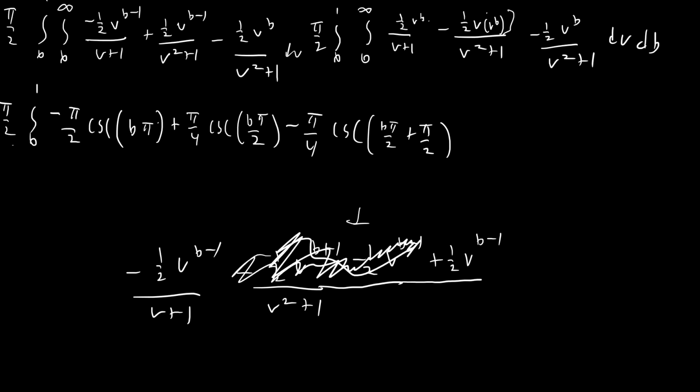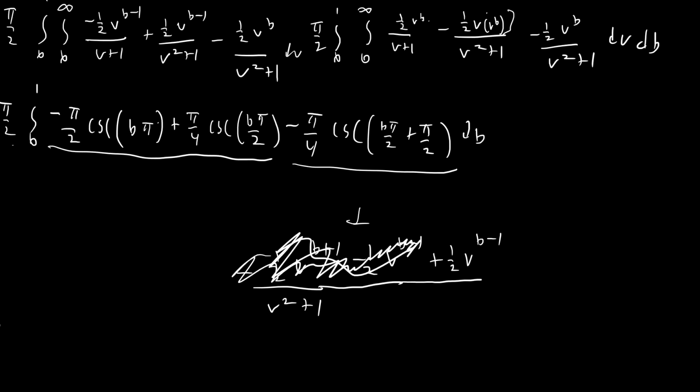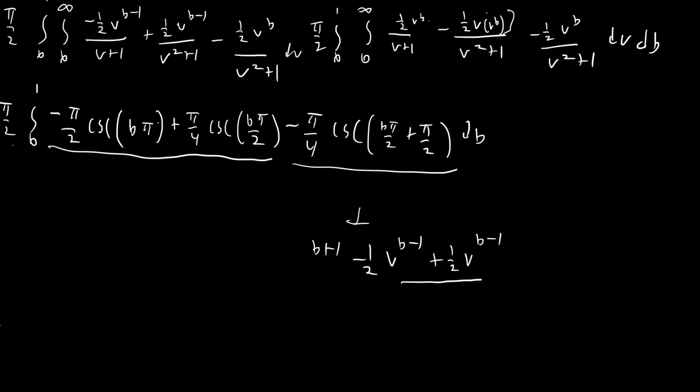Wait, let's check. So in the limit, as b goes to 0, this doesn't diverge at all, but these two are going to go off to infinity. So in the limit, we have to make sure that they end up canceling with each other. I think they will because of the chain rule. So doing this integral is pretty straightforward.